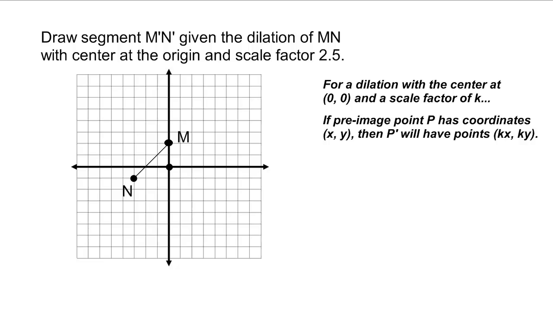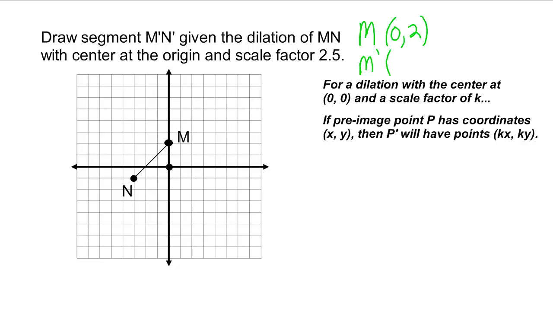For whatever pre-image points you want to run through this command, this function, you simply have to multiply its coordinates by the scale factor k. So if you start out with x, y, like we are here, M has the coordinates 0, 2 on its endpoint.